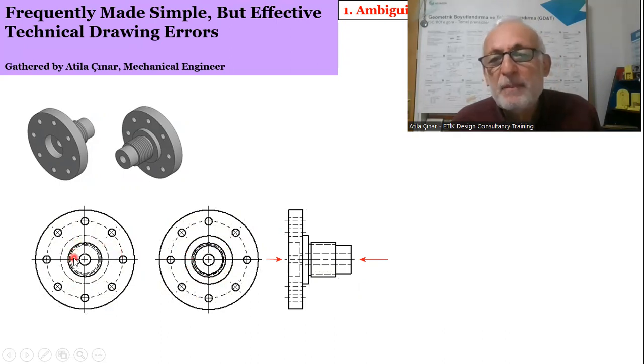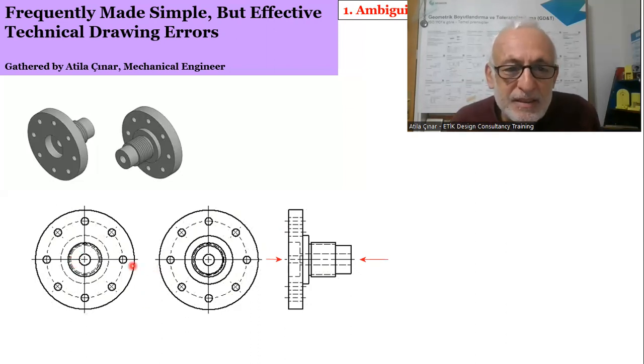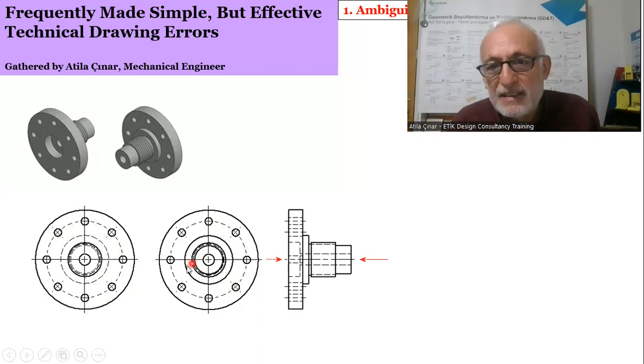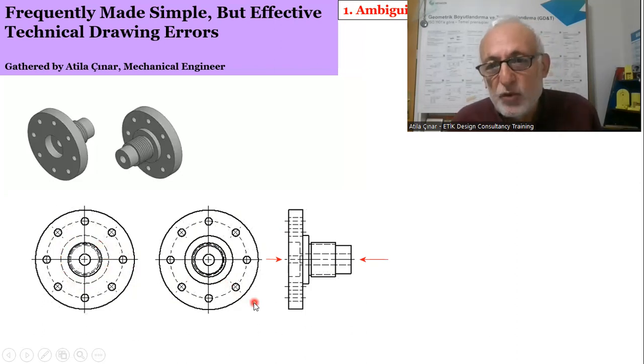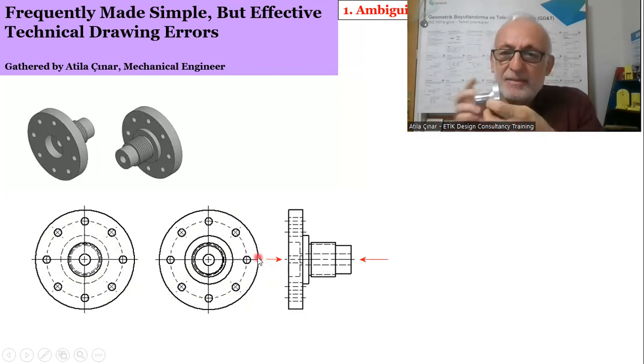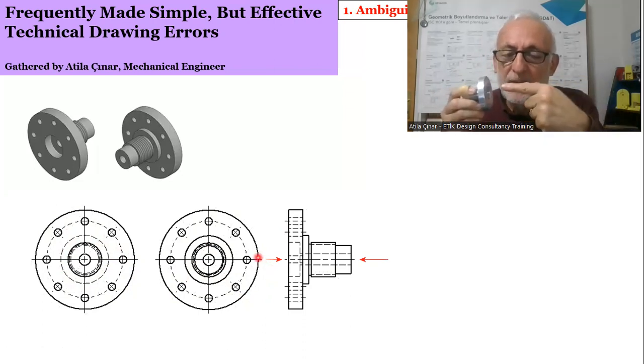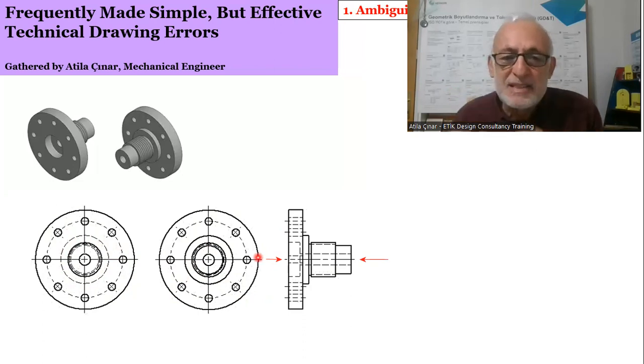This means that from the looking side, the cylinder is not seen, but we know there is a cylinder. So the line of the cylinder is hidden. This means that the drawing people are looking at the part from this side, and draw what they see to here again.